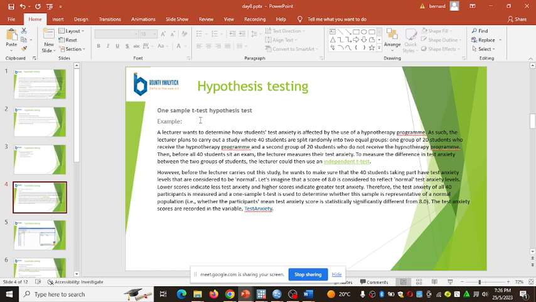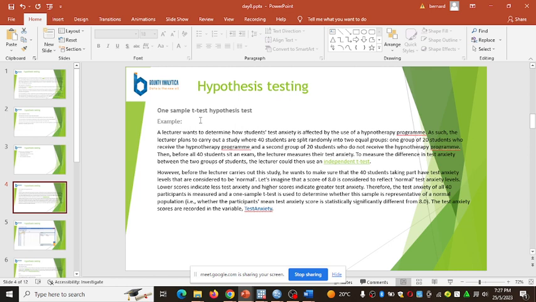However, before the lecturer carries out this study, he wants to make sure that the 40 students taking part have test anxiety levels that are considered to be normal. Yeah, you come up with a normal measure that you want to test your data against.